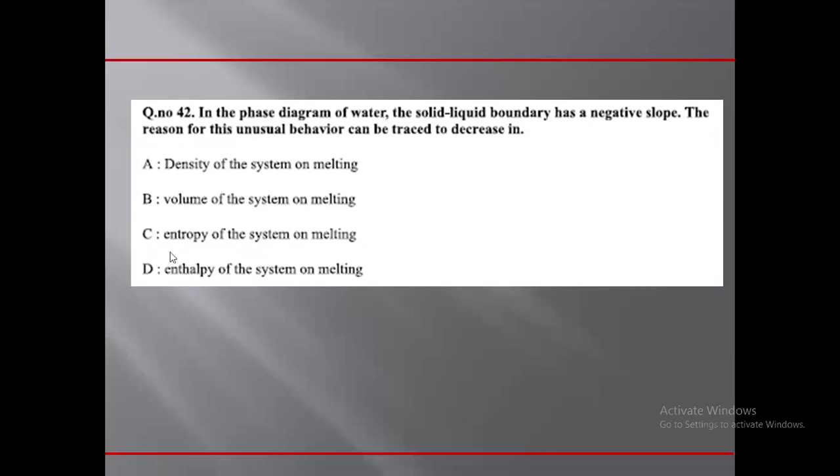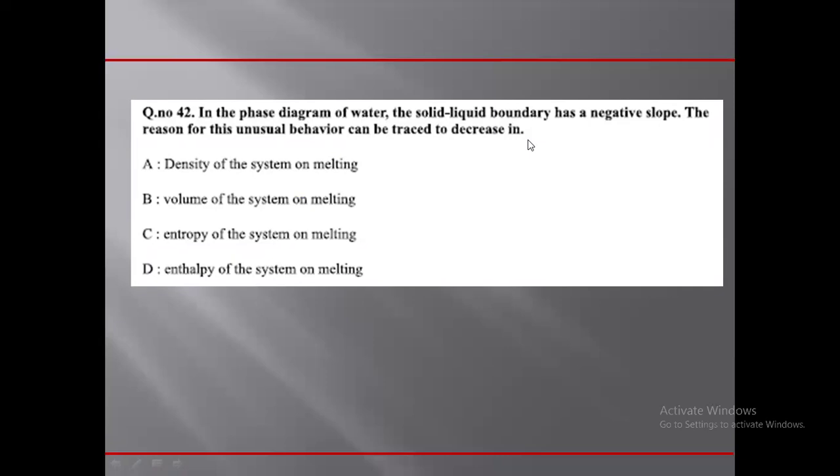See here, option A and B are there. The question says the solid-liquid boundary has a negative slope. What is meant by negative slope? It indicates that increasing the pressure on the ice causes it to melt to the liquid.